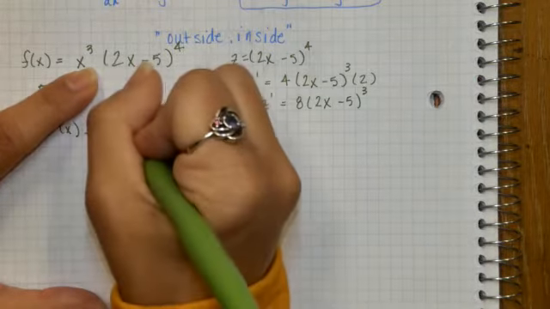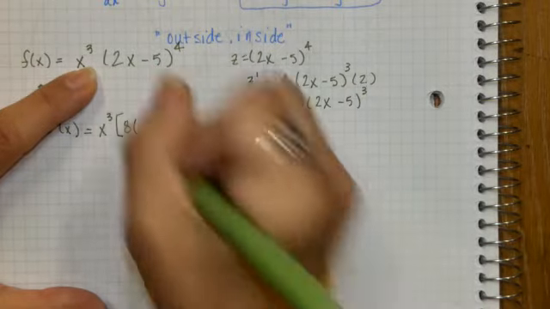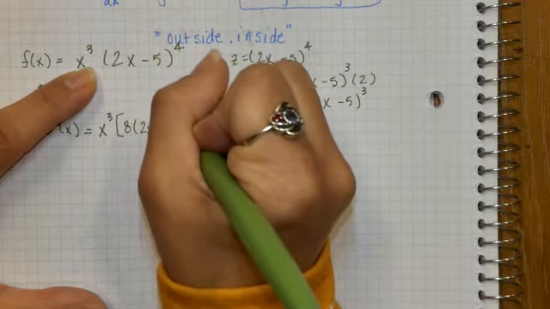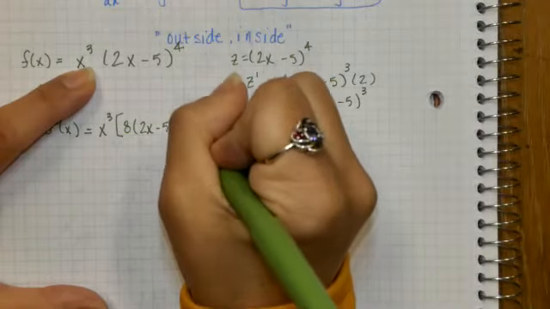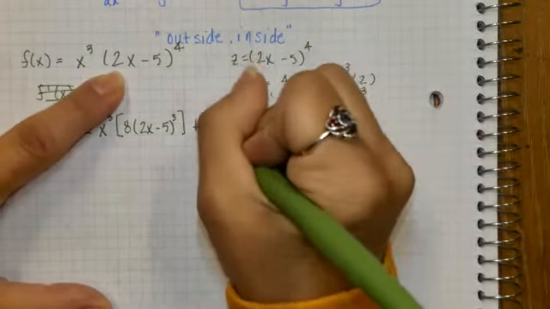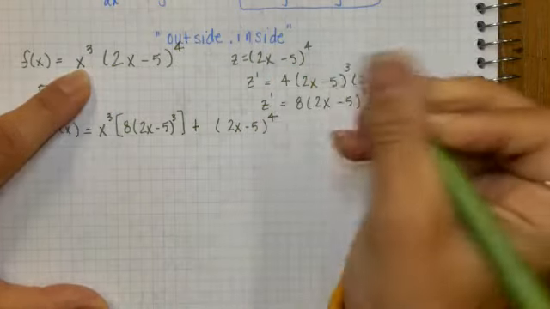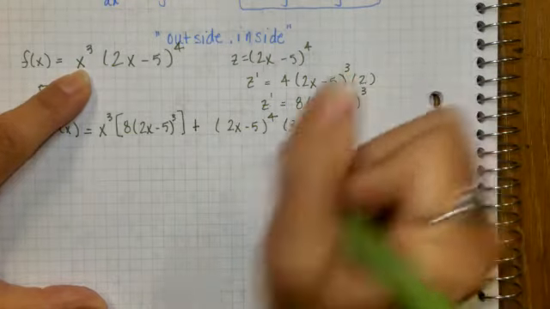So again, I'm just using the product rule. Plus 2x minus 5 to the fourth times the derivative of x cubed, which is 3x squared.